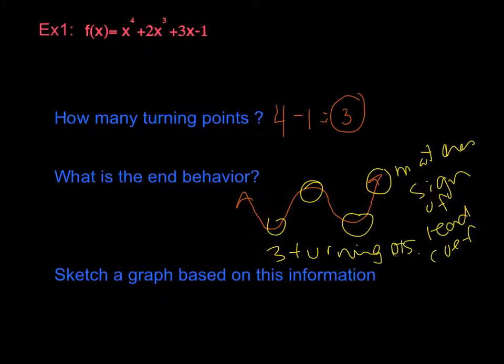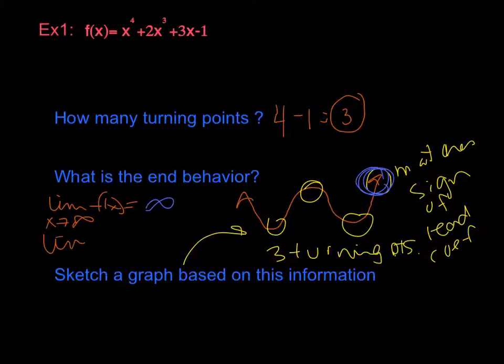So right now, before we get into exact zeros, when I ask you to sketch a graph based on this information, that's exactly what it wants you to do. So your end behavior in this case is your limit as x approaches infinity of your function. On the right hand side is positive.